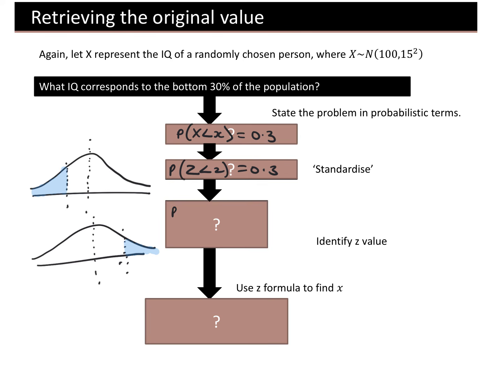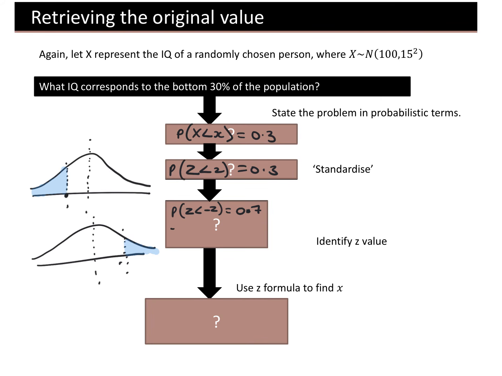So it's the probability of Z being less than negative z. Remember, because we've reversed it, we have to do 1 minus 0.3 to find the answer, which is 0.7. So once we find our z value for that, we know this is the original one, and anything on this side is negative. To find the opposite, we can flip it.